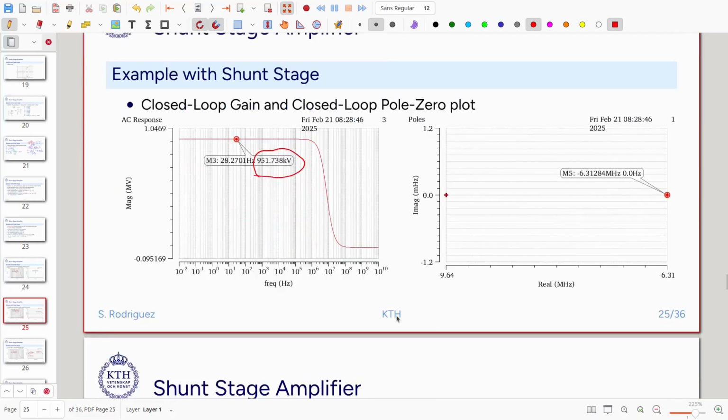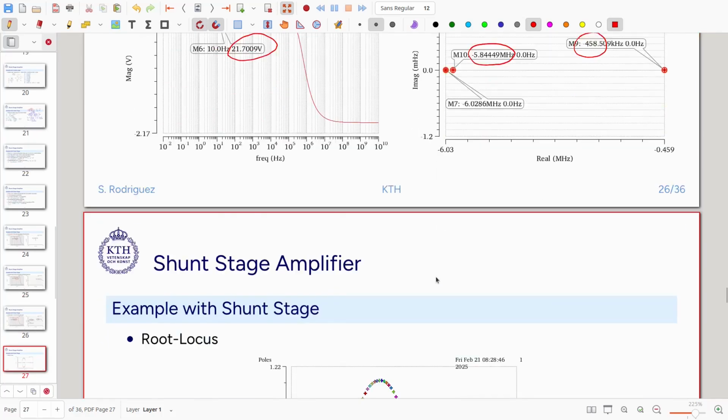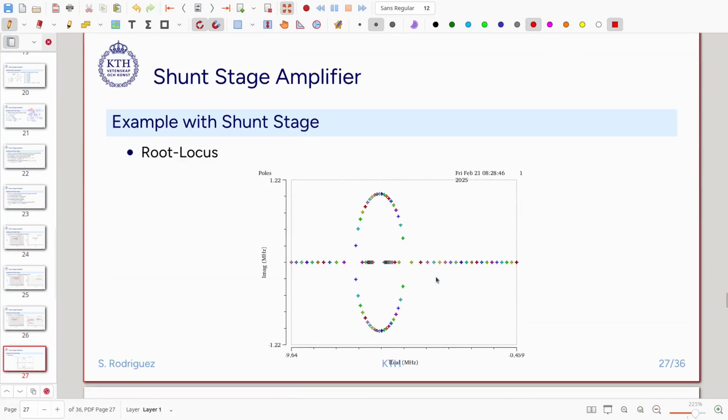Okay, so now we have the root locus also. We can run the simulation so I can show you.